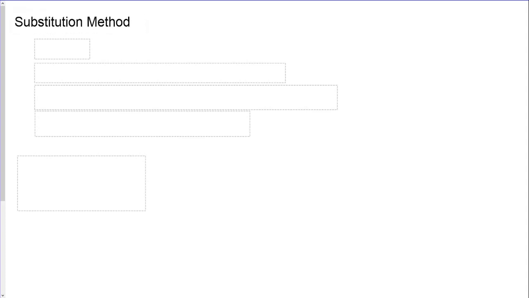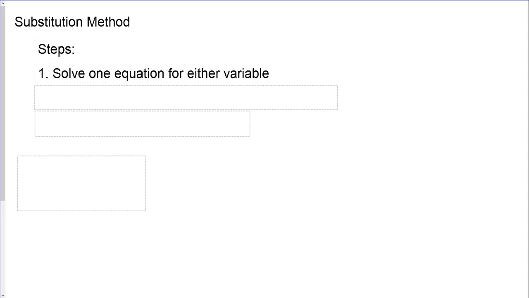The substitution method, the steps involved here: first, you solve one equation for either variable, and you get a choice as to which one you want to pick. And generally, you're going to choose an equation that has a variable with a coefficient of +1 or -1.